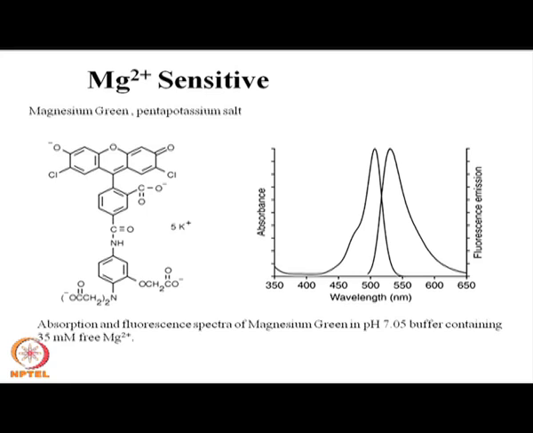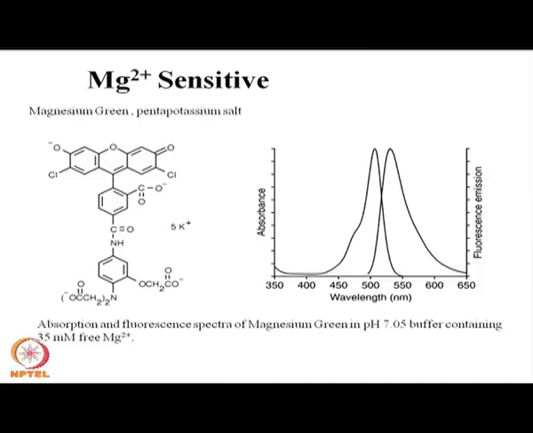So, if you can find an appropriate fluorophore, you will be able to detect the particular metal.